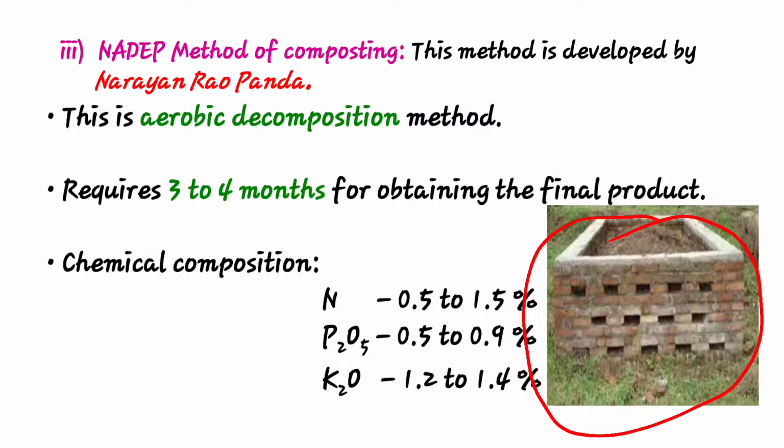From one tank of 10 feet long, 6 feet broad and 3 feet deep, about 3 tons of material is obtained within 3 to 4 months. So this is the third method of composting.